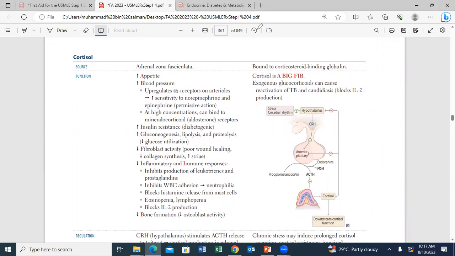adrenal gland. But remember, one important clinical aspect regarding cortisol is that people do take them as steroids. I mean, you generally call them steroids. There was a patient who was taking steroids for the development of muscles or these kinds of things. So cortisol is basically taken as exogenous steroids also, since it also decreases inflammation.